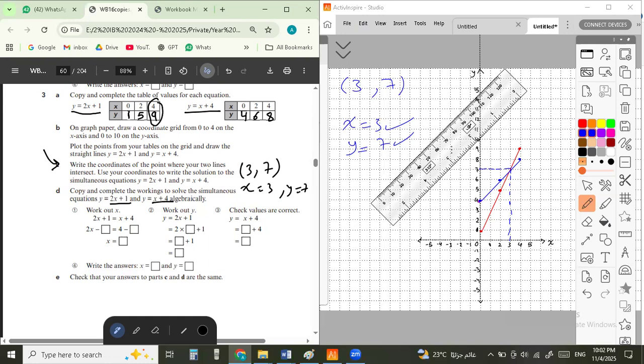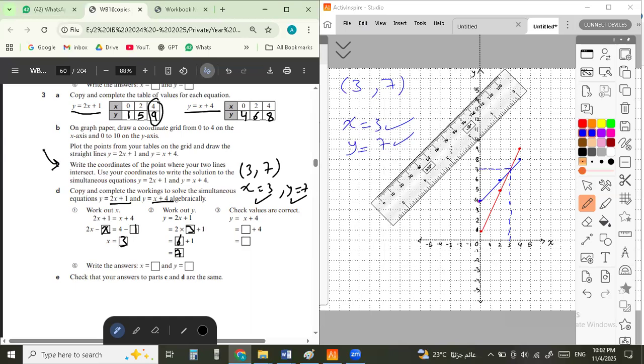Get the x's together. This becomes minus x. Get the constants together. So this becomes minus 1. So x equals 3, just as what we did using the graph. Substituting in the first equation, 2 multiplied by x, which is 2 times 3 plus 1. So 6 plus 1 is going to give you 7, exactly just like what we've done using the graph.